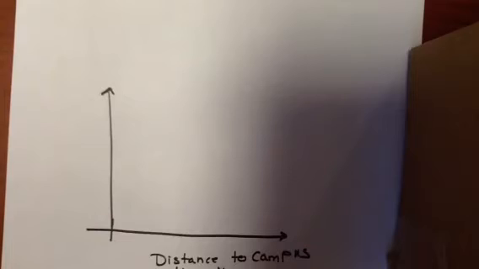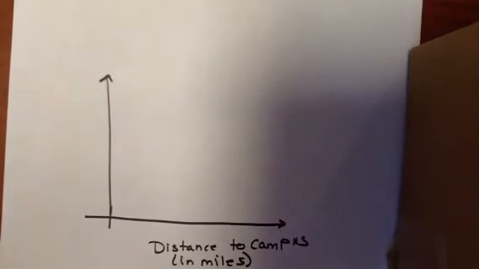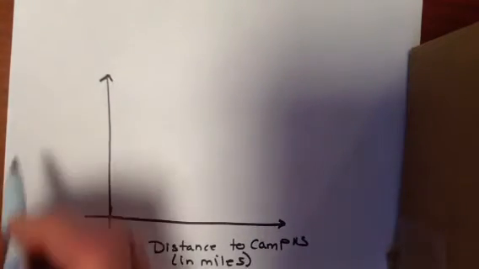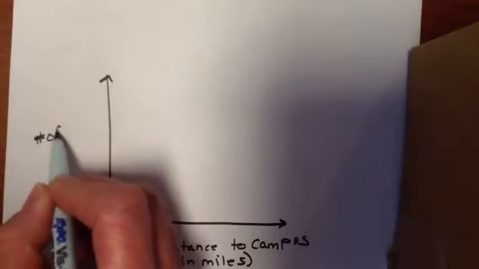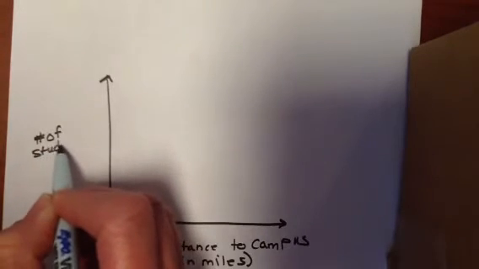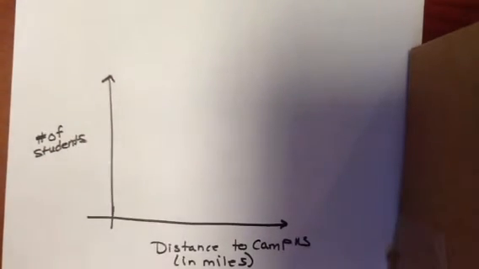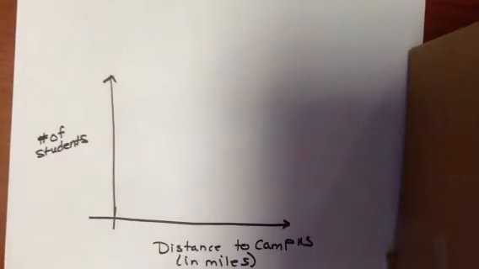The important thing with any graph you do is to make sure that you have labels on it. Okay? The vertical axis is the number of students or the frequency, but you want to put what it is, not just the word frequency.